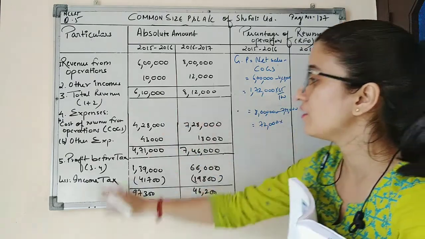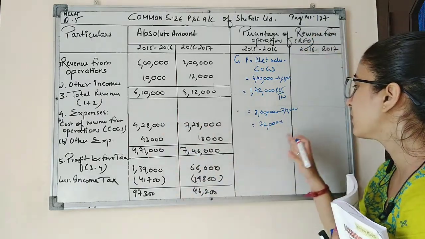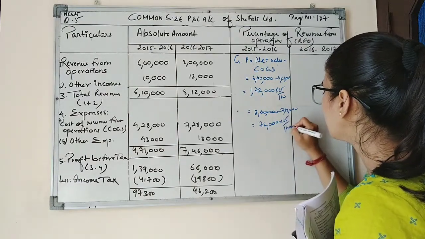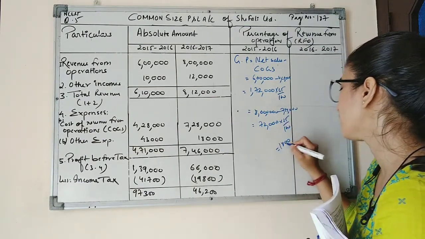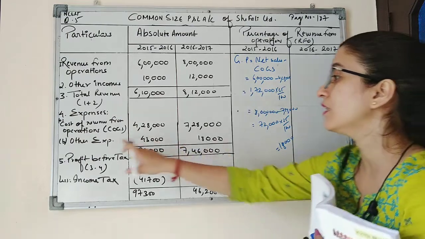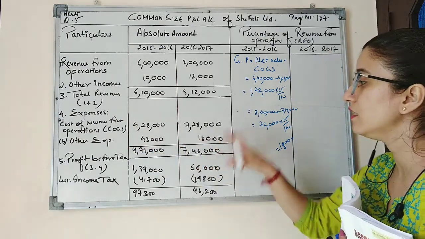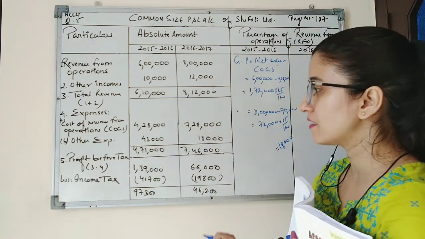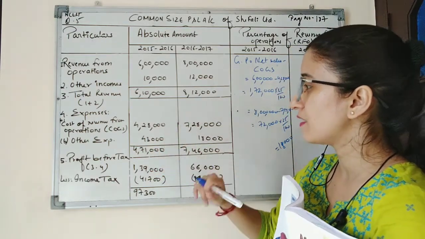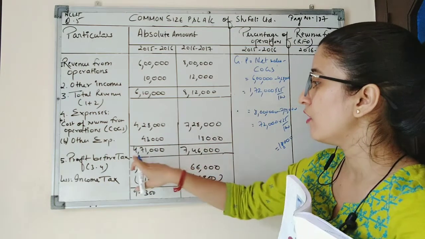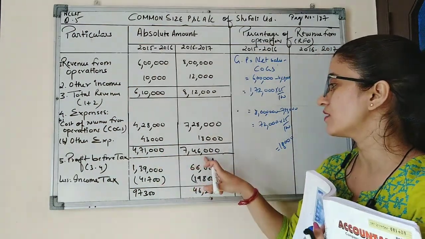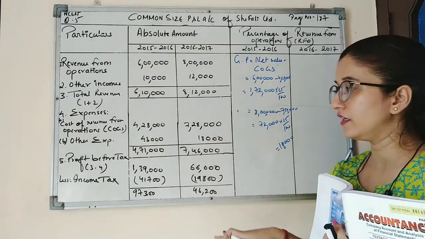To calculate the other expenses, we calculate 25% of 72,000, which is 18,000. So 18,000 will be the amount of other expenses in the current year. Now we will add up the total expenses. We will get 4,71,000 in the previous year and 7,46,000 in the current year.